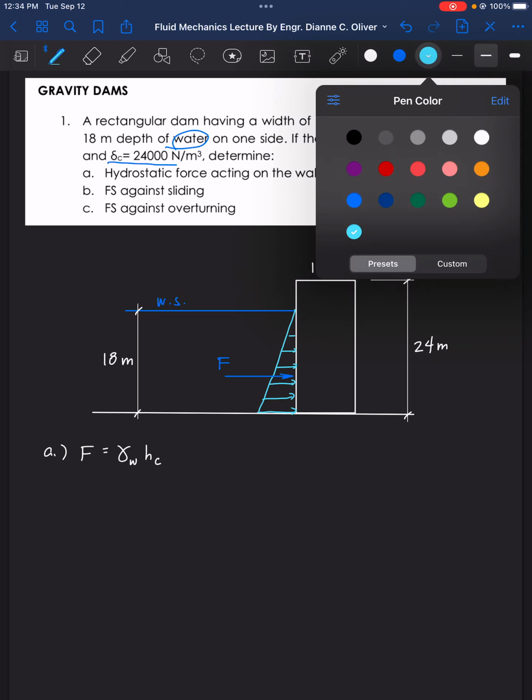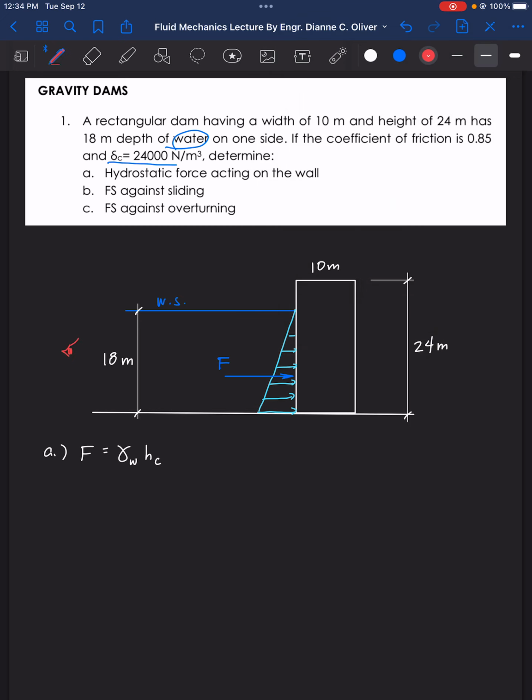Because if our eyesight is at this portion here, we will generate a projected area of a rectangle. And the center of gravity is located here, CG. And this is the HC. So our HC is the depth from the water surface up to the center of gravity, and then multiplied with the projected area that is wet by the water.